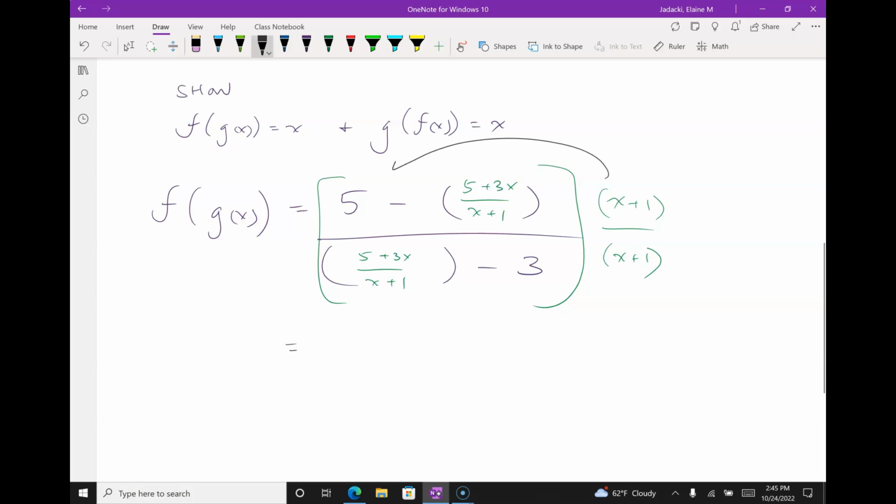If I have fractions within fractions, clear the fractions. So I'm distributing to my numerators. So in black is the original. In green is that piece that I'm distributing in.